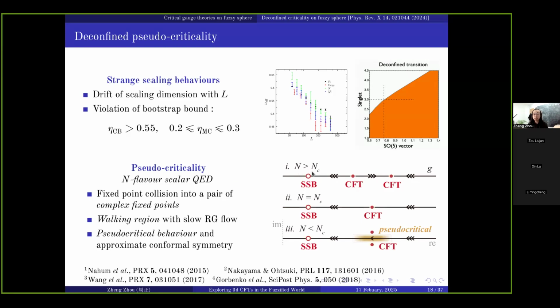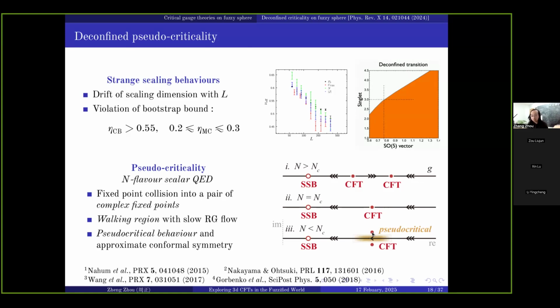As we decrease n from the large n limit, these 2 fixed points get closer and closer, and finally collide into the complex plane. That is to say, there is no fixed point on the real axis, but 2 conjugate fixed points in the vicinity of the real axis, being complex.